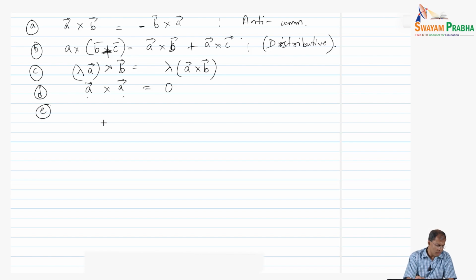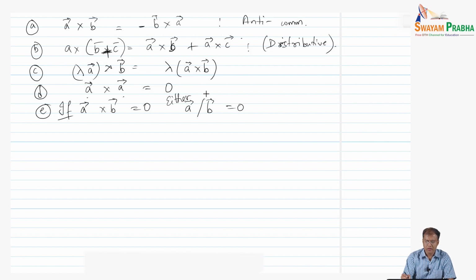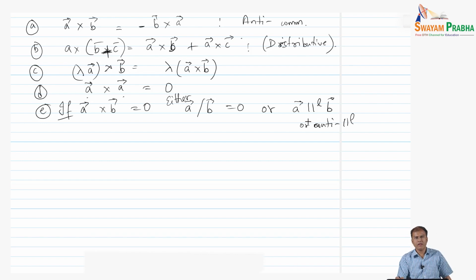So if the cross product of two vectors is 0, then either A or B is 0, or A is parallel or anti-parallel to B. For parallel the angle between A and B will be 0, and for anti-parallel it will be 180 degrees, and in either case sine of that angle will be 0.